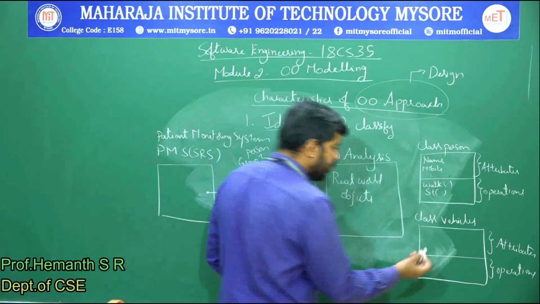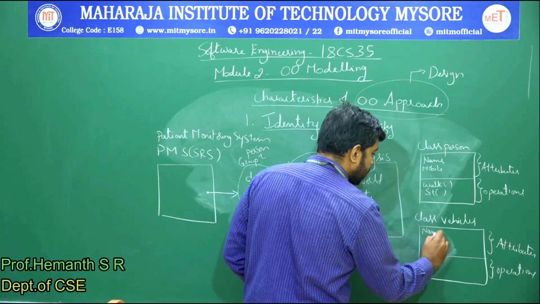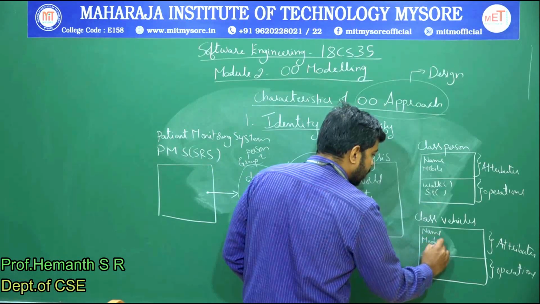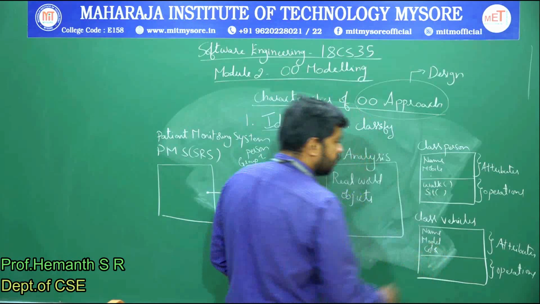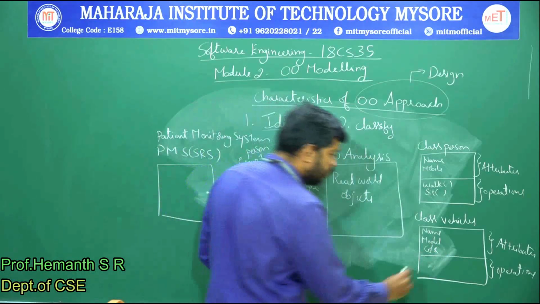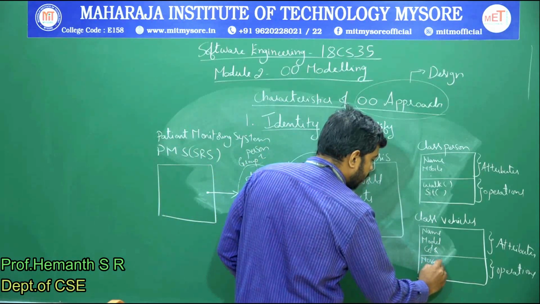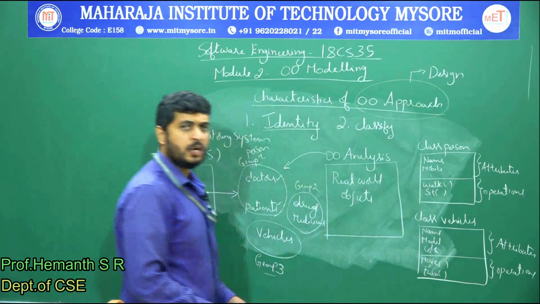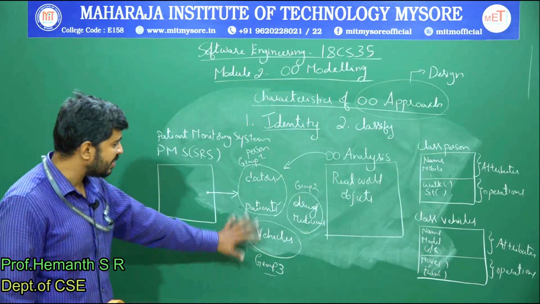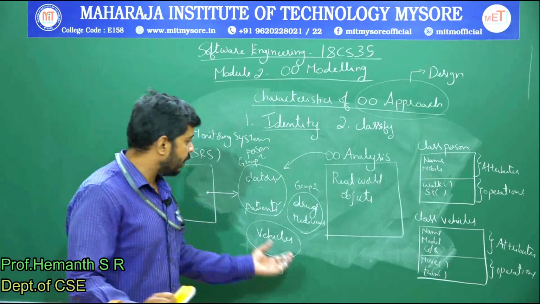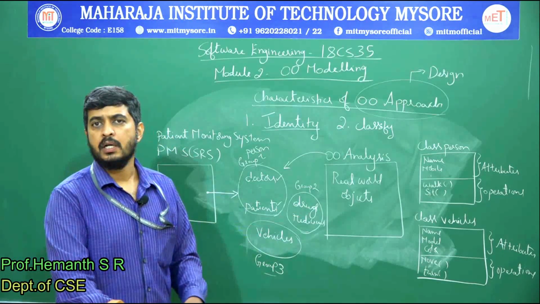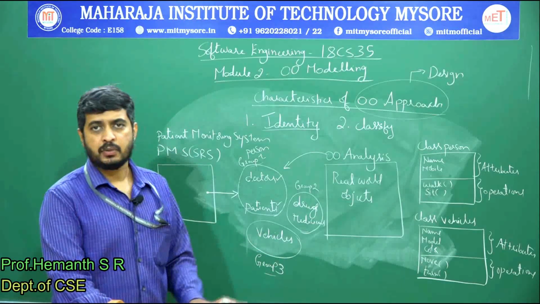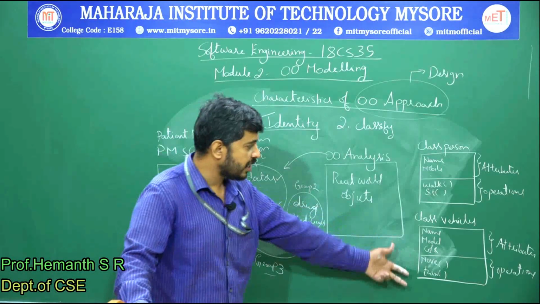An attribute can be, maybe a vehicle can have a name, some model, color. What operations can it do? Maybe it can move, it can turn. So these are a few operations common to all vehicles. It may be an ambulance in the hospital, it may be a car of a doctor, it may be a two-wheeler of a patient, whatever it is. So these things can be done.